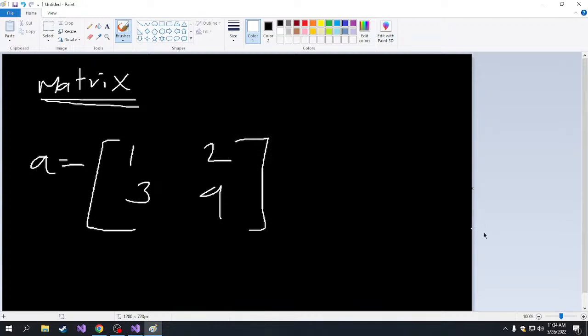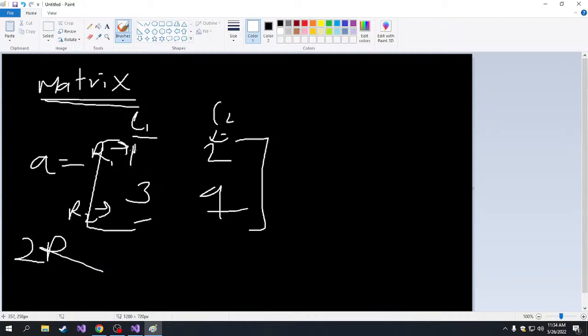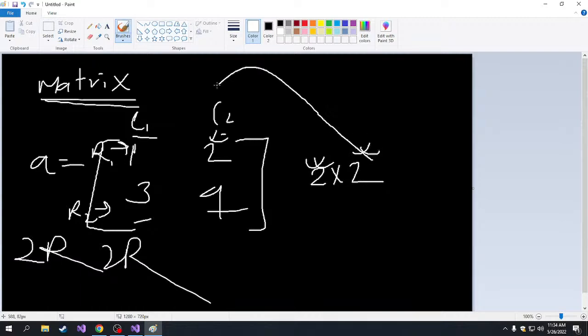This is a matrix because it has data arranged in row and column form. It has 2 rows, row number 1 and row number 2, and column number 1 and column number 2. That's why we call this a 2 by 2 matrix. The first 2 is the number of rows, the second 2 is the number of columns.